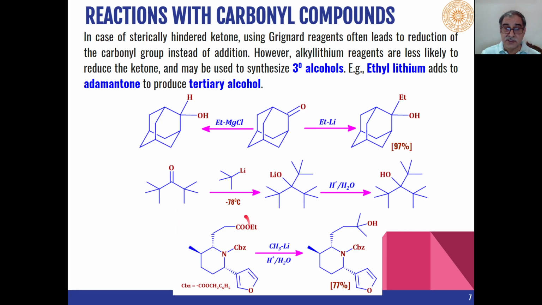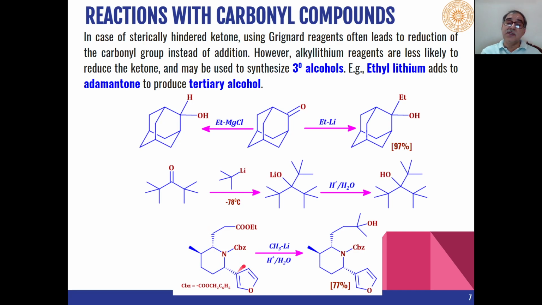Then another example is this compound, an alkaloid of this type, which has an ester moiety, this carboxybenzyl group, and this heterocyclic ring. So a furan ring, an ester, and this carboxybenzyl group.